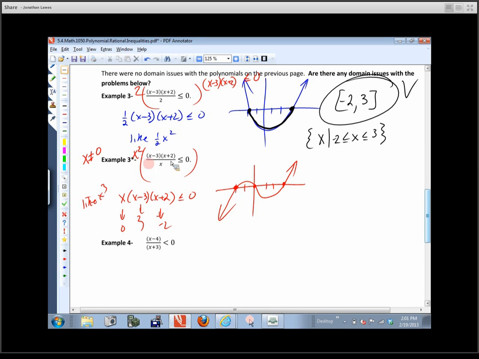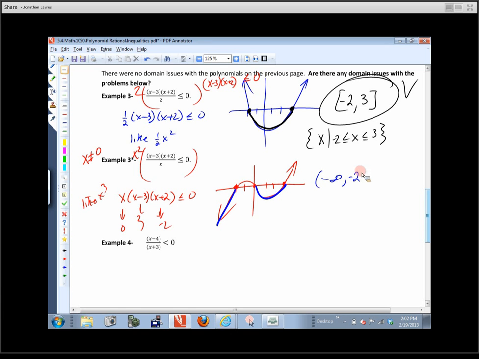Now, we want to know where this is less than or equal to 0. So we want to know where it's below, right? So where it would be below is here and here. Now, when we say where, we're asking a question about the x's. So let's give that answer in terms of x's. So that would be from negative infinity all the way to negative 2.